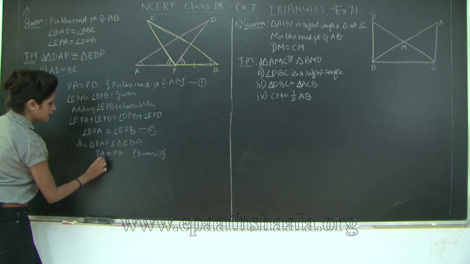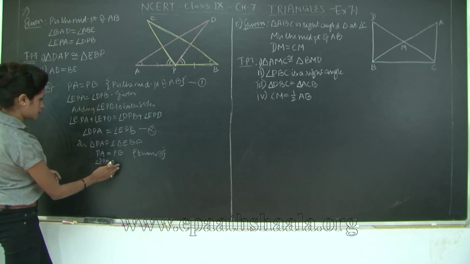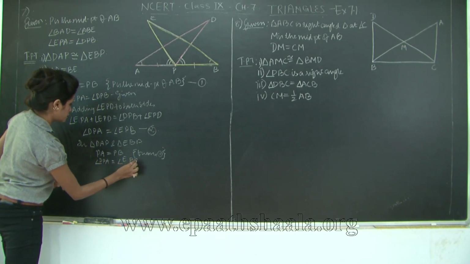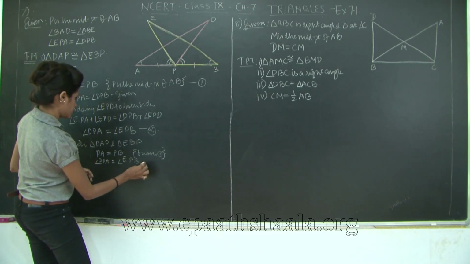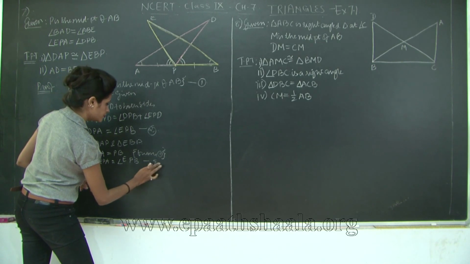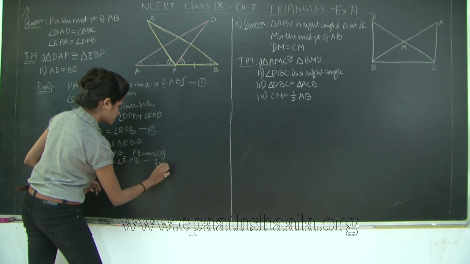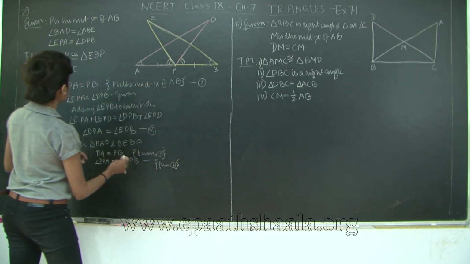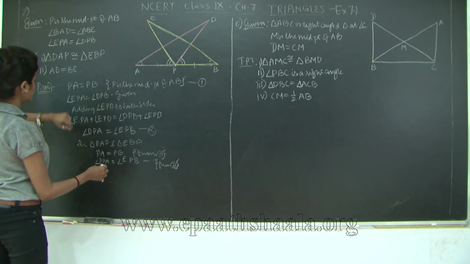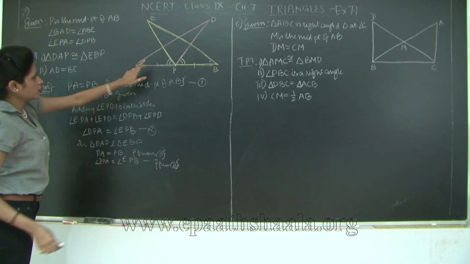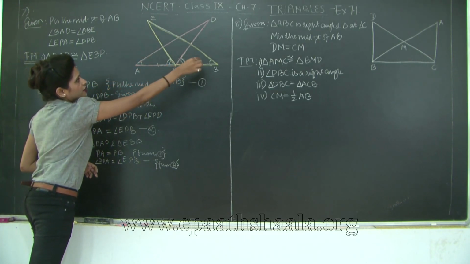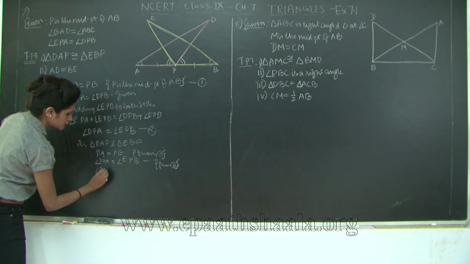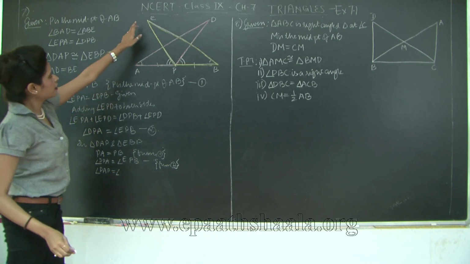Also DPA is equal to EPB from 2. Also, now these two angles, if you see, they are congruent, right? So I will have angle DAP is equal to angle EBP.